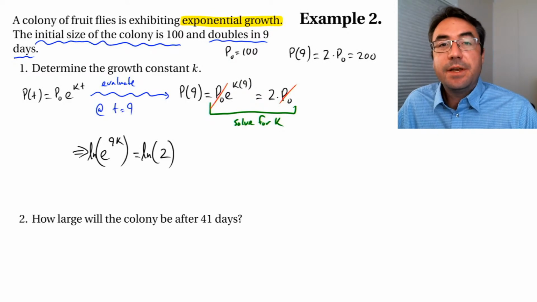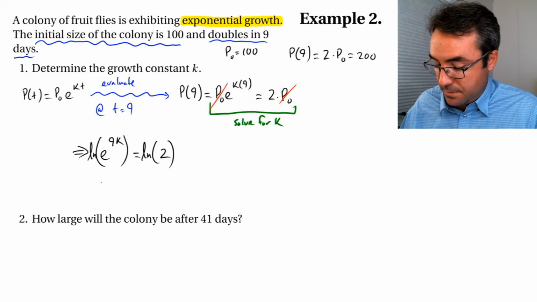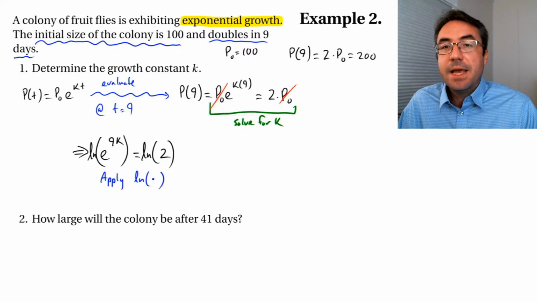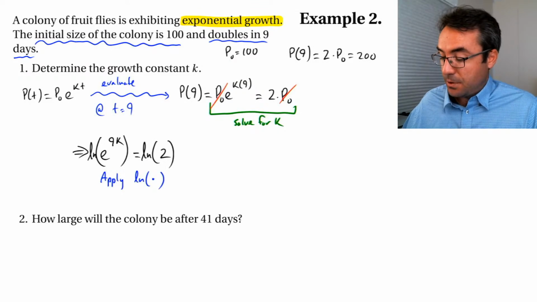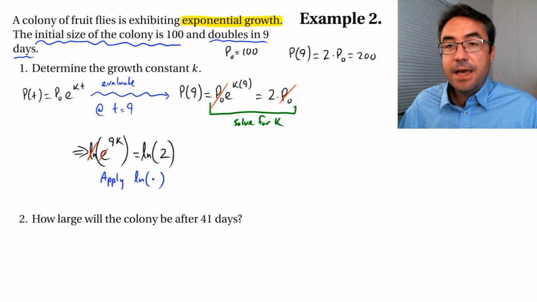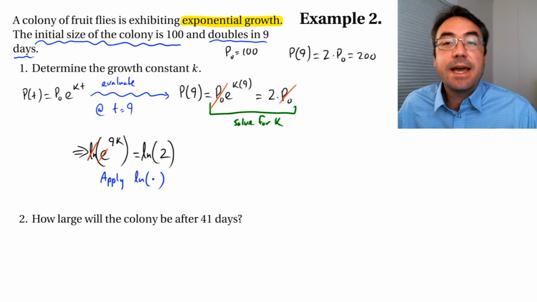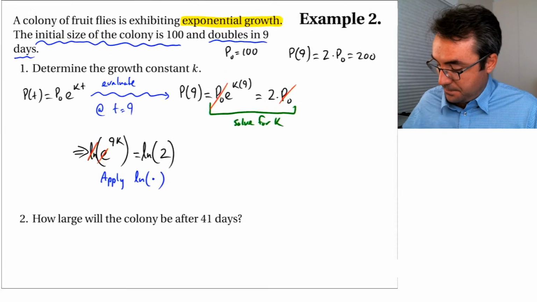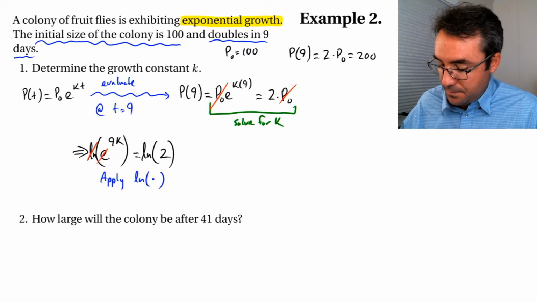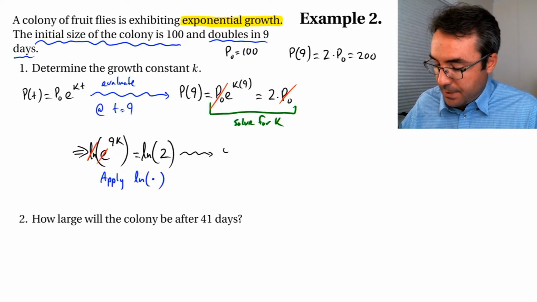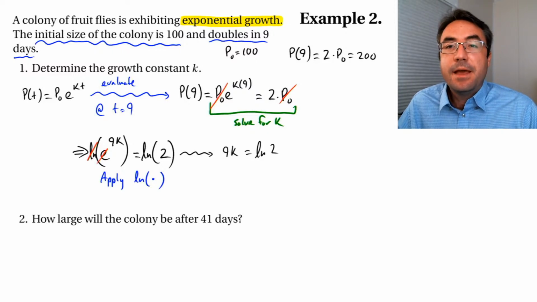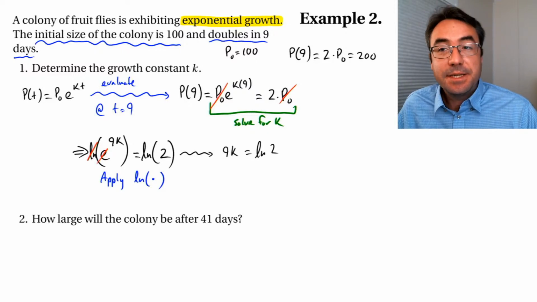So we apply the natural log to both sides, and on the left, the natural log and the e cancel and leave us with just 9 times k. So we get 9 times k is equal to natural log 2, and then divide both sides by 9 to get k.